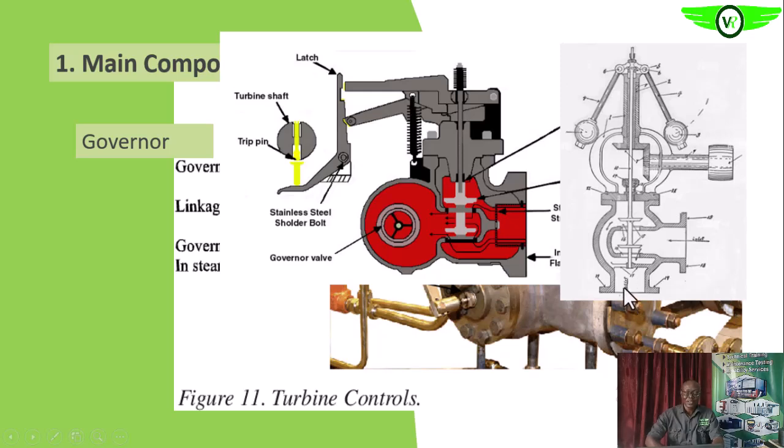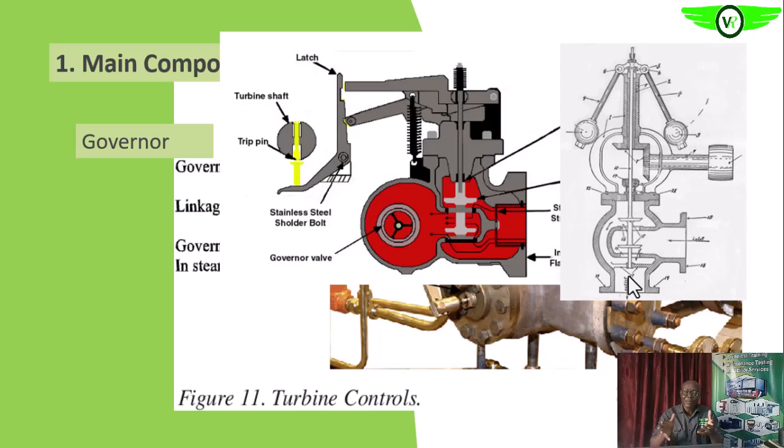Are we getting it? So conversely, as the speed is reducing, you see that the balance weights will be dropping. Both of them will be dropping. As they are dropping, this will be lifted up, thus lifting the disc, increasing the space between the disc and the seat. Therefore, more steam will be administered into the turbine.